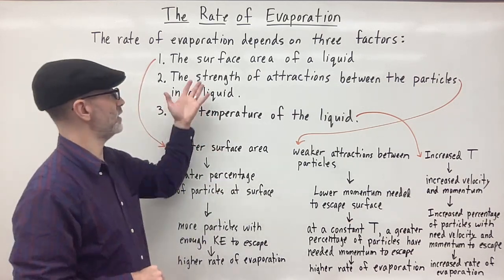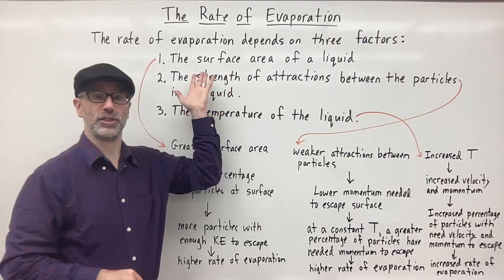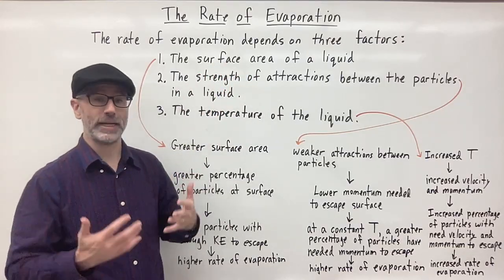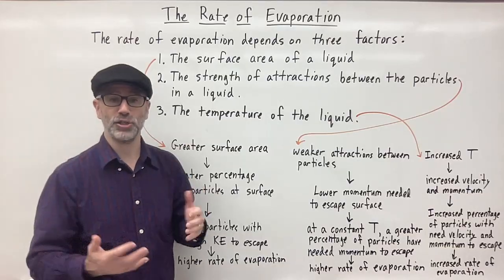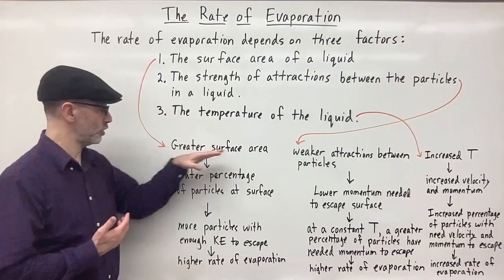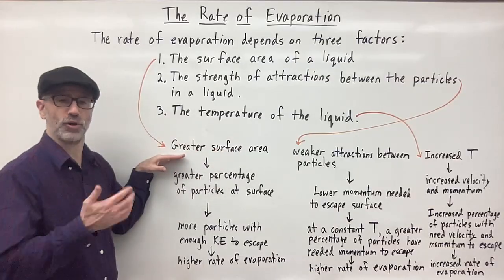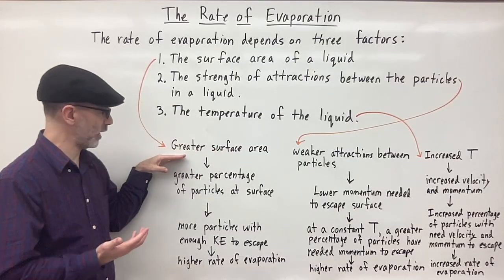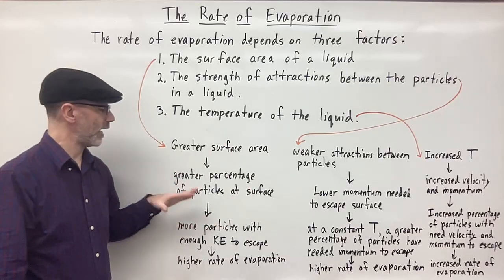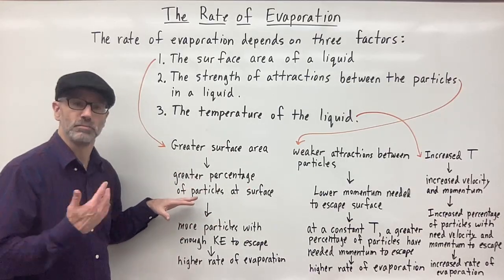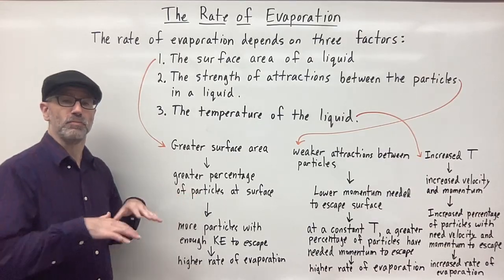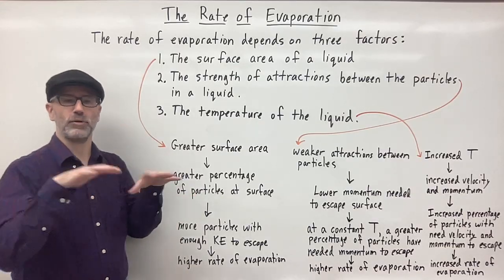So it makes sense that if you increase the surface area, you would increase the rate of evaporation. And here's the idea, right? If you make the surface area greater, that's going to increase the number of particles at the surface of your liquid. Remember, we're keeping the temperature the same. We're not changing temperature.